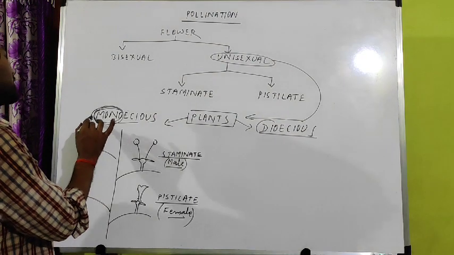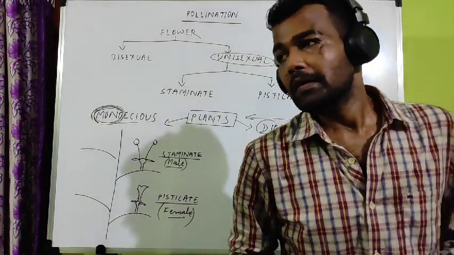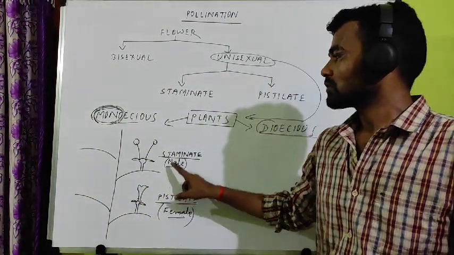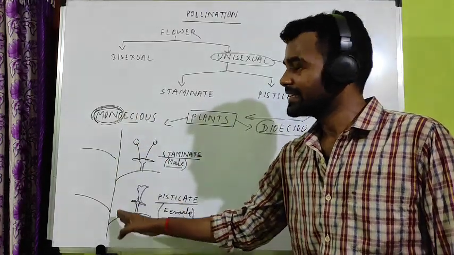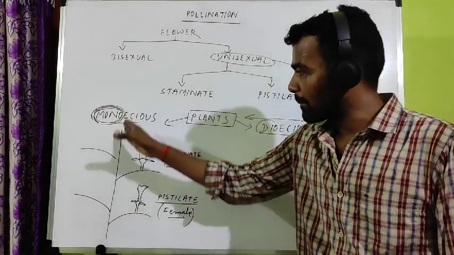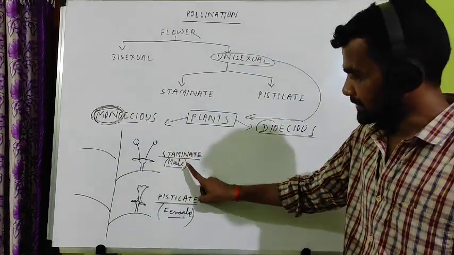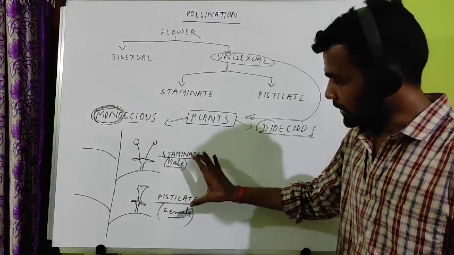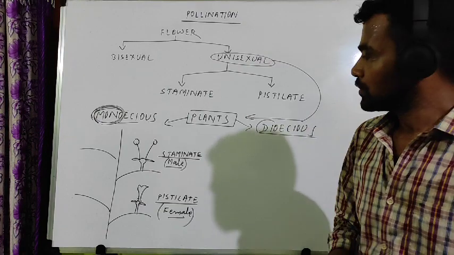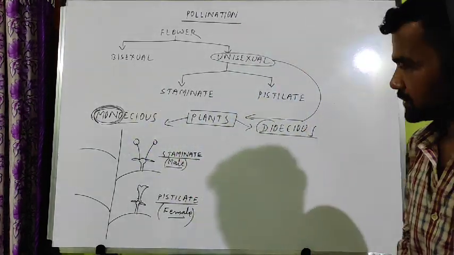You have to remember the definition: if both male and female unisexual flowers are present in a single plant, the flowers are unisexual but the plant is bisexual. This is only male, this is only female, but these two are present in a single plant, making the plant bisexual. That is called monoecious.